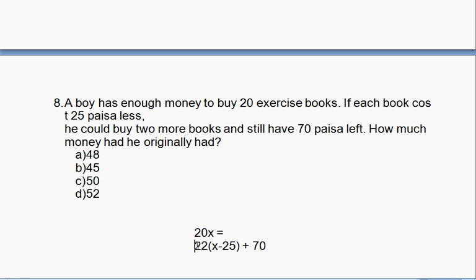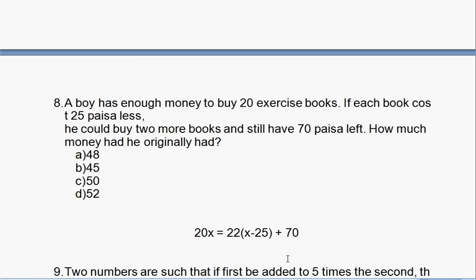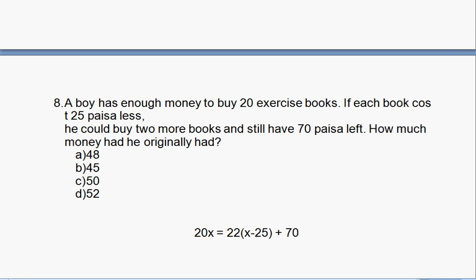So this is a linear equation in a single variable. So 20x is equal to 22x minus 25 plus 70. Just solve it. It becomes 20x is equal to 22x minus, so how to multiply it with 25?